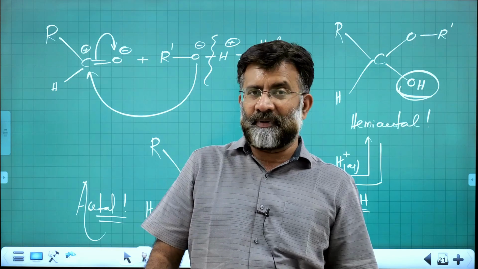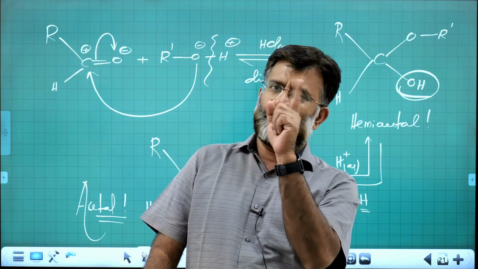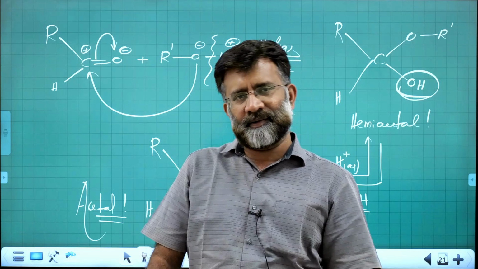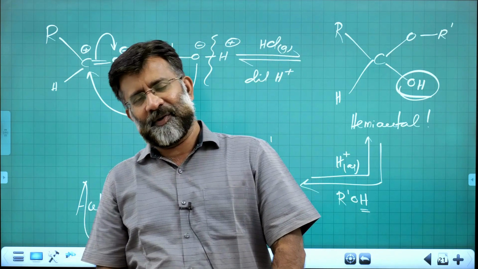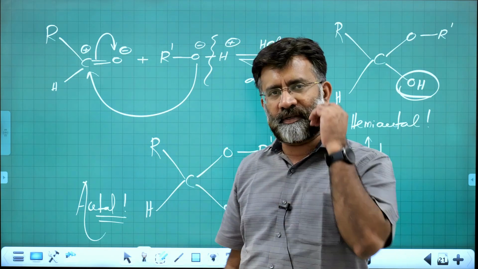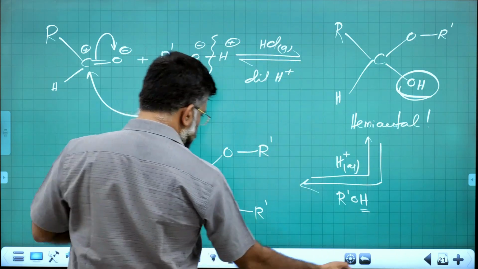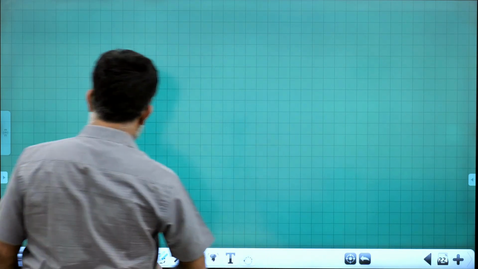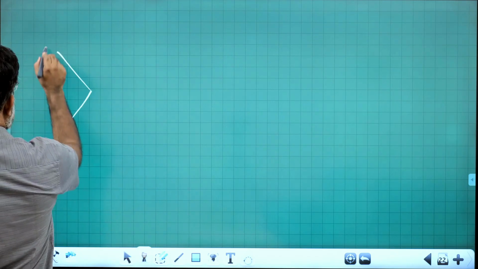Right? So remember, aldehydes react with the monohydric alcohol. Then ketones react with, all of you may be remembering, dihydric alcohol. Look at the way ketones are reacting. This is a ketone.